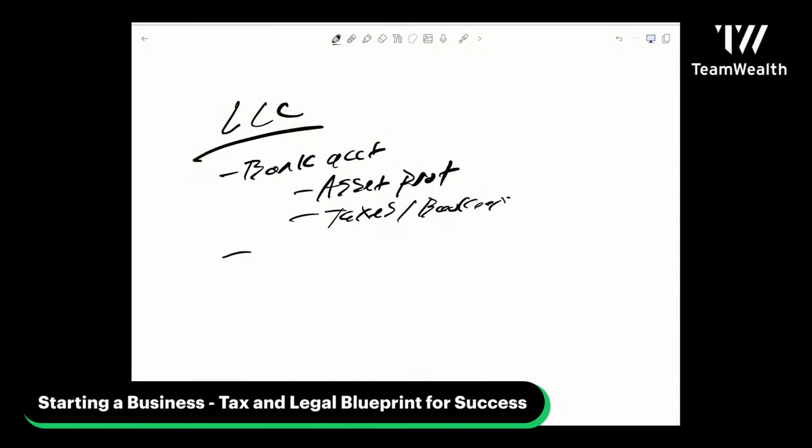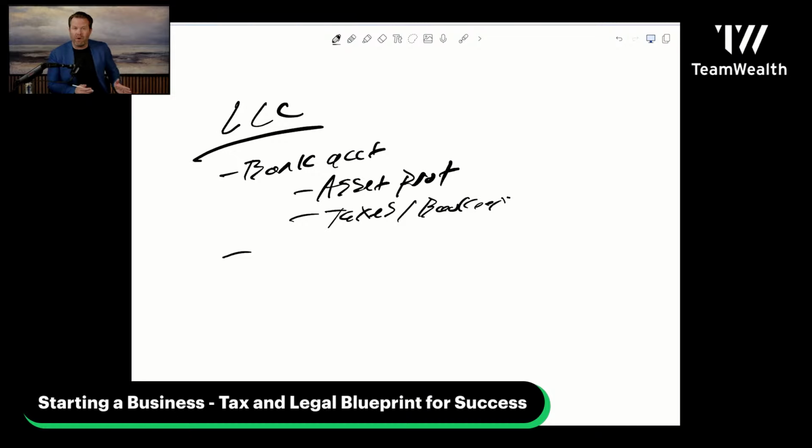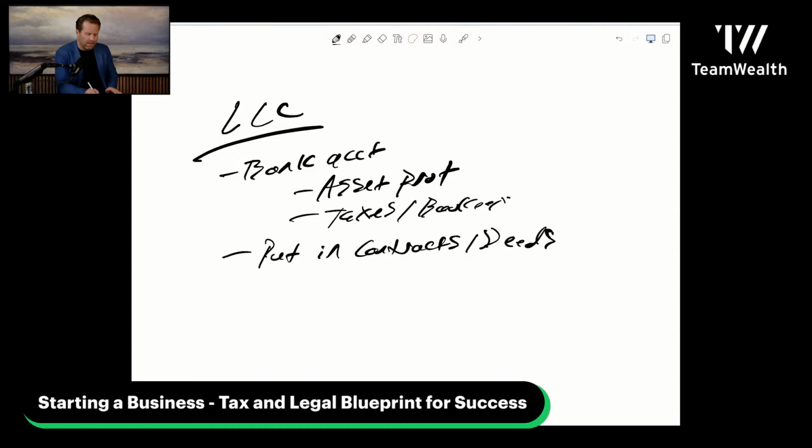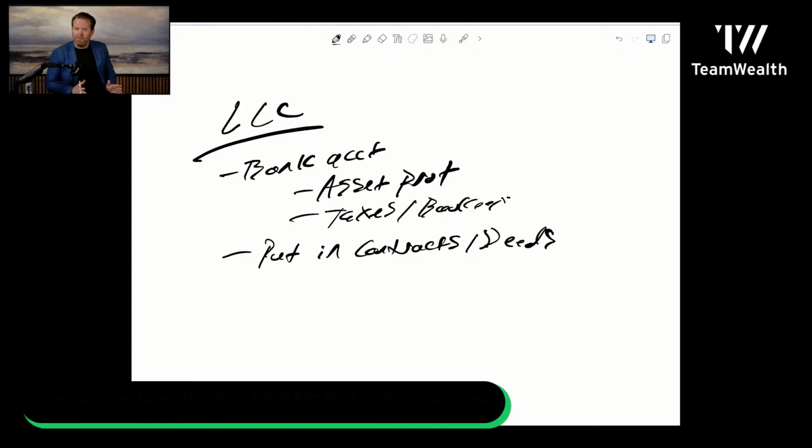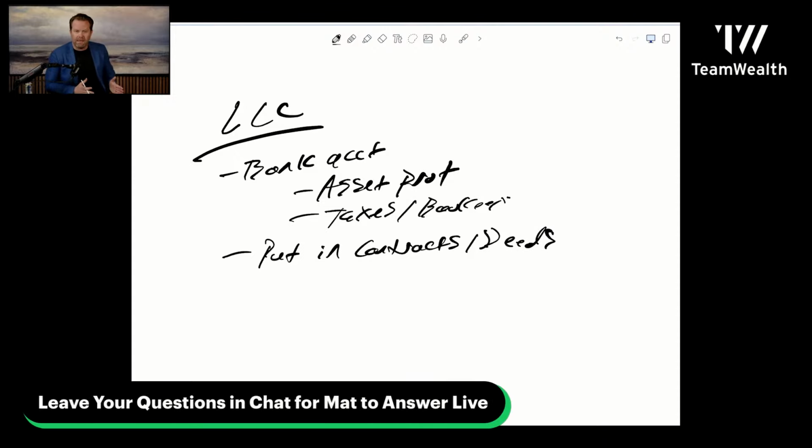All right. The other thing we need to make sure when operating the LLC that we do properly, you've got to put it in contracts, put it on documents, put it on deeds. When you're doing business and you have an entity, LLC or corporation, that should be on the contract.